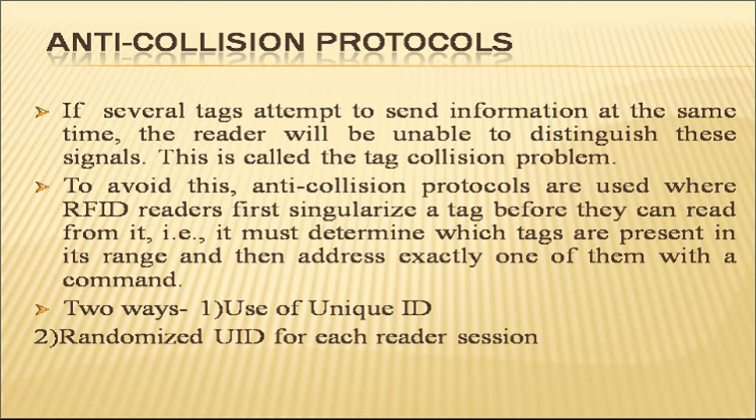So when more than one tag transmits simultaneously to a reader, their backscattered signals cancel each other out. This can result in illegible messages for the reader. This is called a collision. Now, the reader will be unable to distinguish these signals. That is why this is termed the tag collision problem.